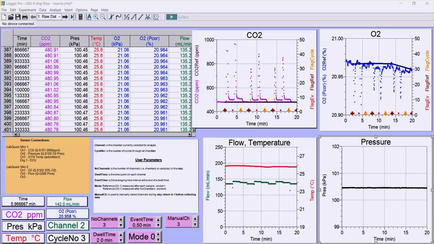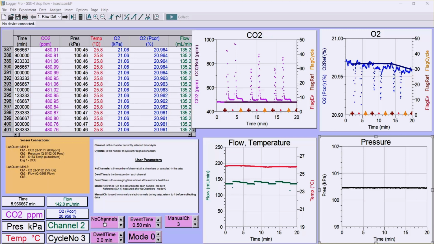In this video, I'm going to discuss how to handle stop flow data collected with an S159 CO2/O2 analyzer and a gas switching system. In this case, we used a 4-channel gas switching system, and we used 3 of the 4 channels available.